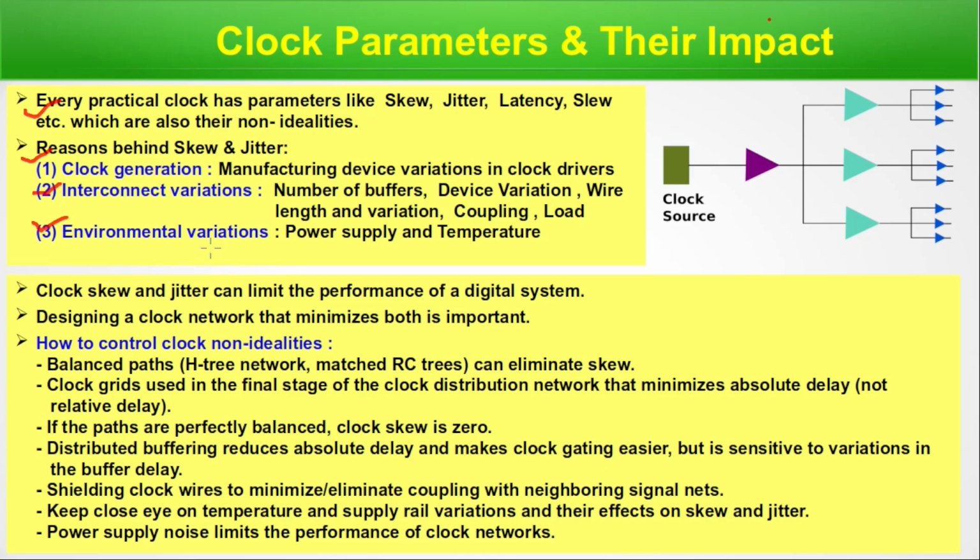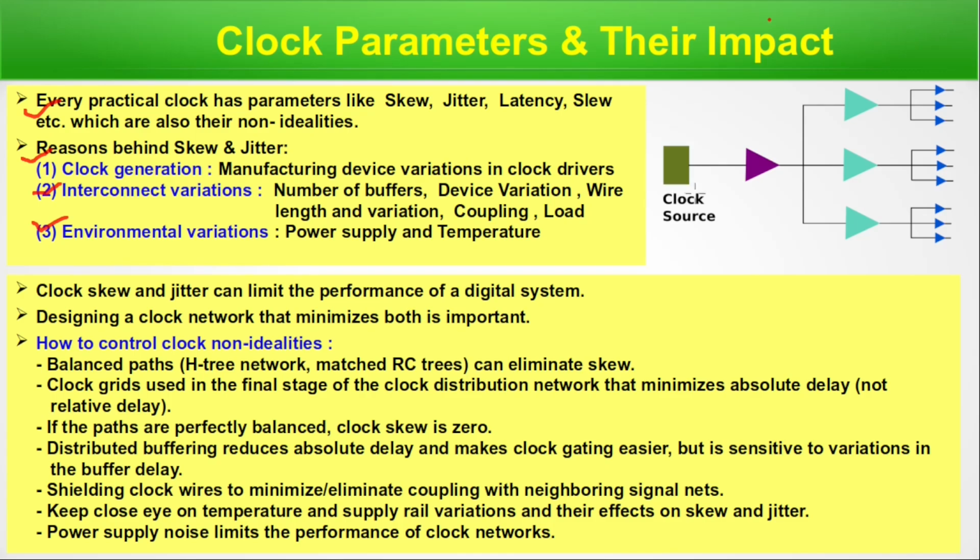Environmental variation is always present because we are designing a chip to work in a practical situation where the power supply might vary and temperature can vary. Clock generation and manufacturing changes could be manufacturing device variation in clock drivers, number of buffers, device variation, wire length variation, coupling, load, interconnect variation. These are the reasons behind skew and jitter.